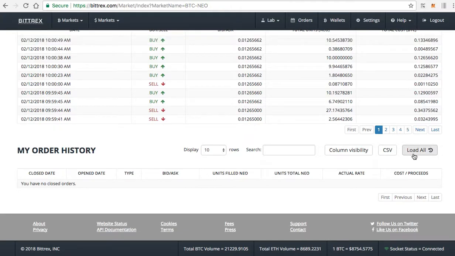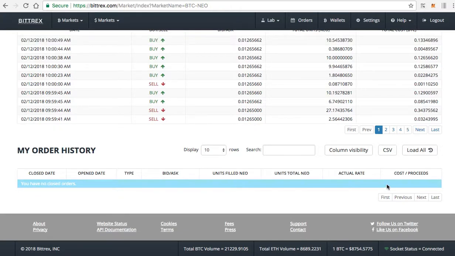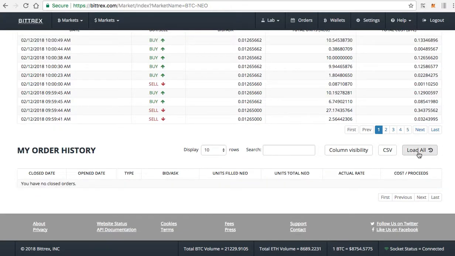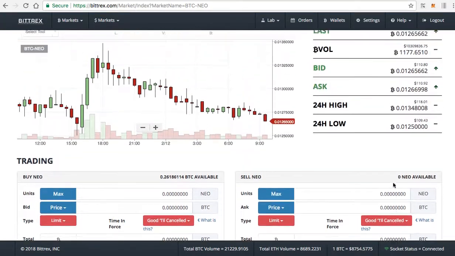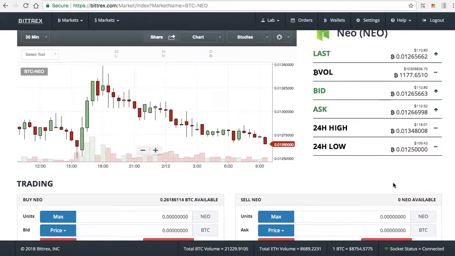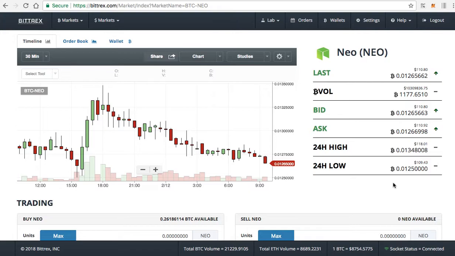I think it keeps it live only for 30 days. So I can still load all and see all my last buys and sells of NEO. But if it's past 30 days, it disappears on there and you have to use the load all, and it is a downloadable version of your order book that you've placed on any given coin.